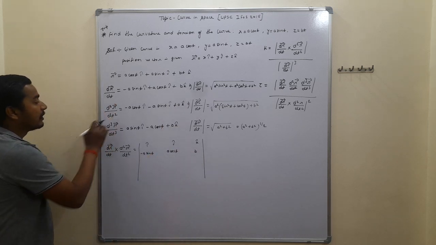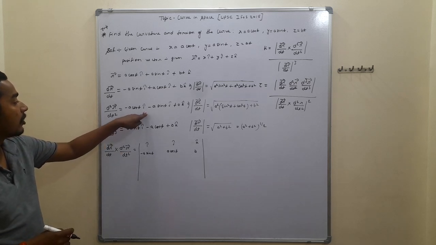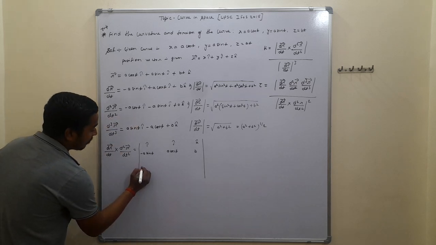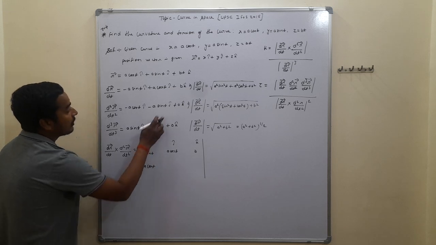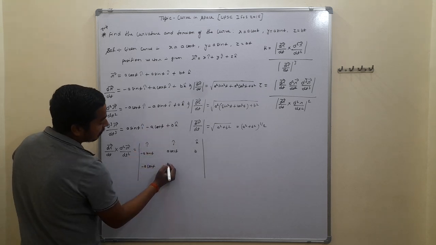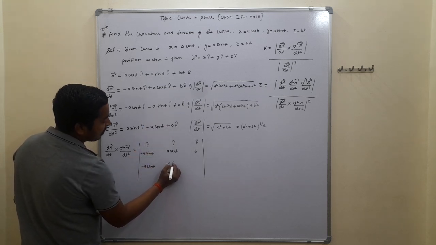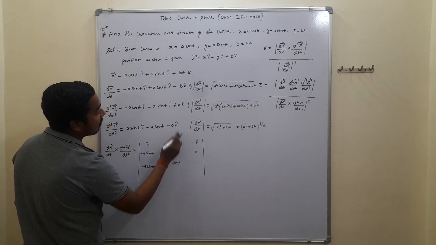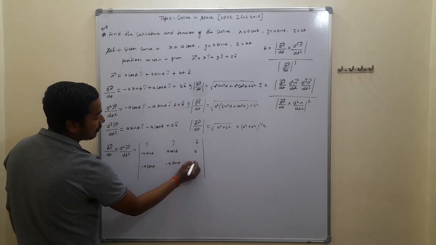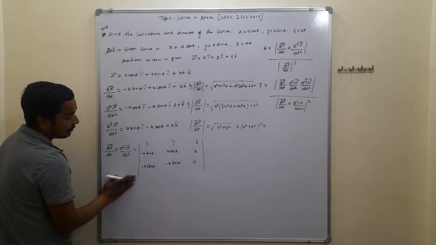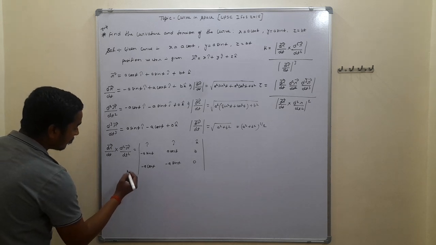For d2r upon dt square, the coefficient of i cap is minus a cos t, the coefficient of j is minus a sin t, and the coefficient of k is 0, and we have to solve this determinant.